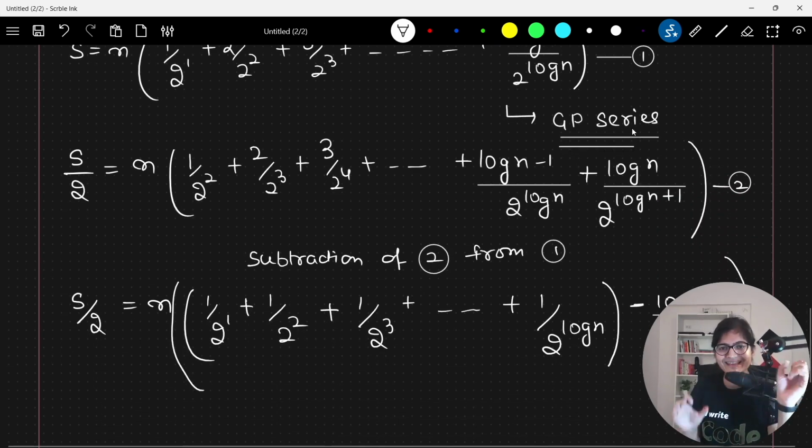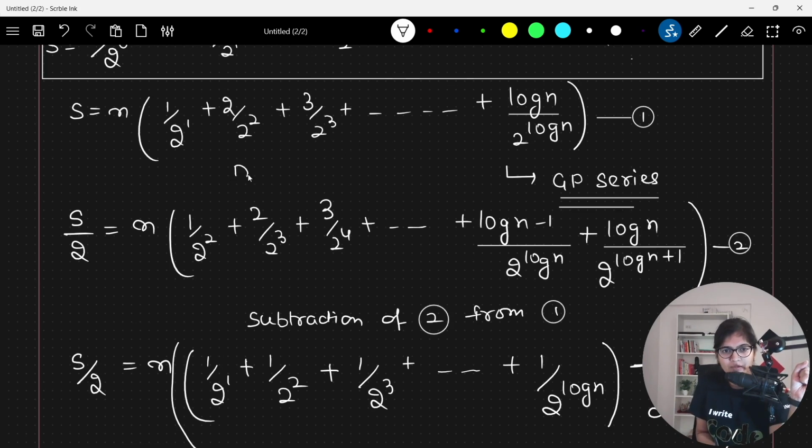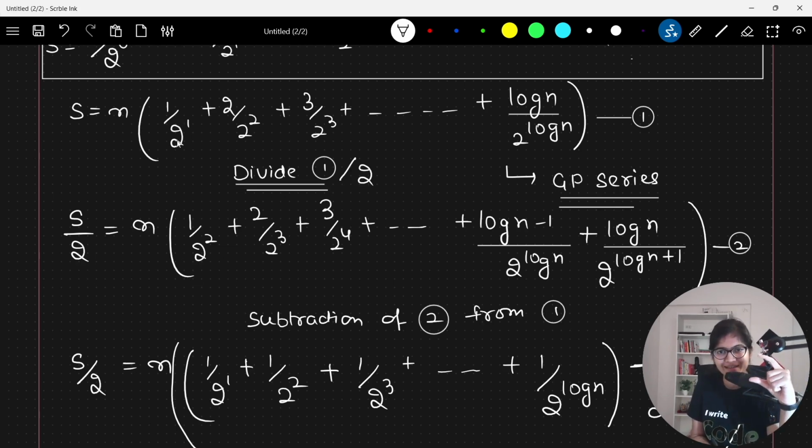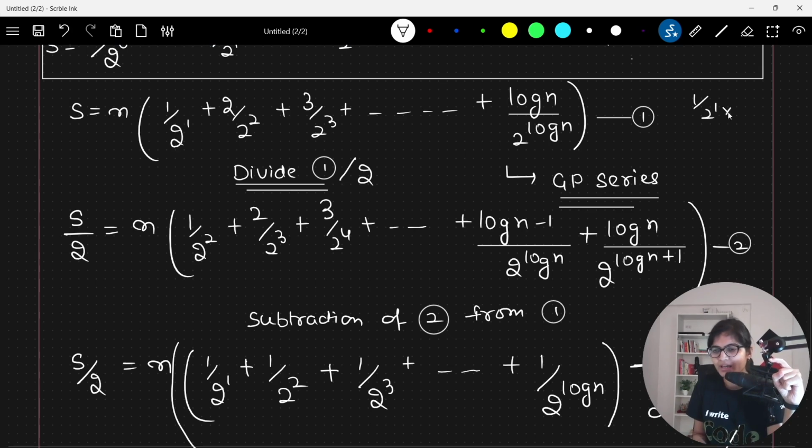Now I want to make this as a GP series. So what I did is that I divide the above equation. So equation number 1, divide equation number 1 by 2, right? So when we did the division here, we will be able to get s by 2 which is equals to n times. When you do the division by 2, it will become 1 by 2 to the power 1 into 2.